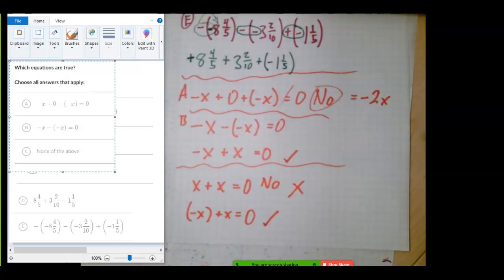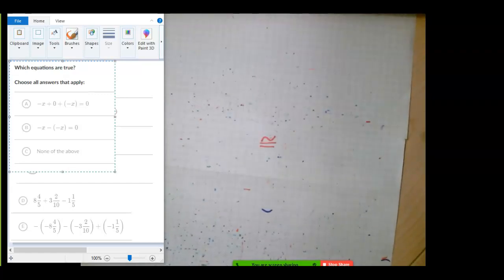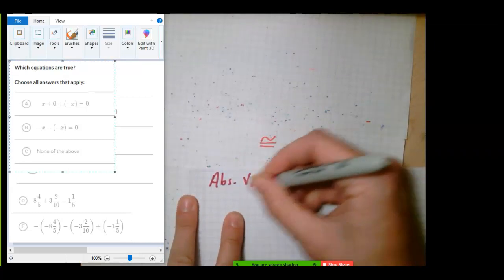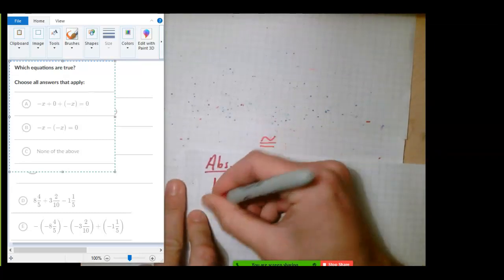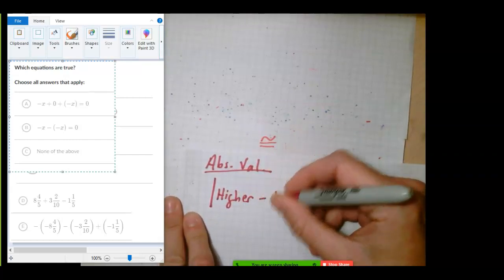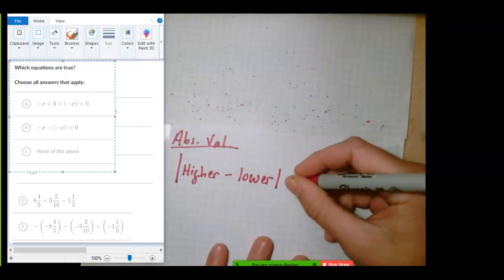All right, the last thing I want to review really quickly before we get out of here is absolute value, to talk about distance on the number line. Guys, we talked about 2 different ways to do this, but the big reminder that I wanted to make is when we do absolute value, we would like it to be the higher minus the lower, but it doesn't have to be.